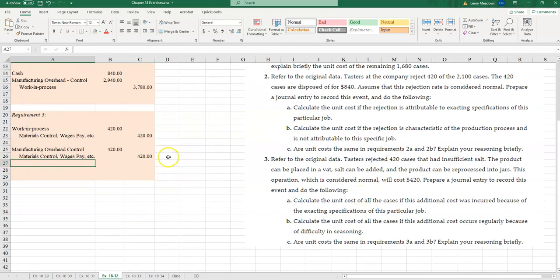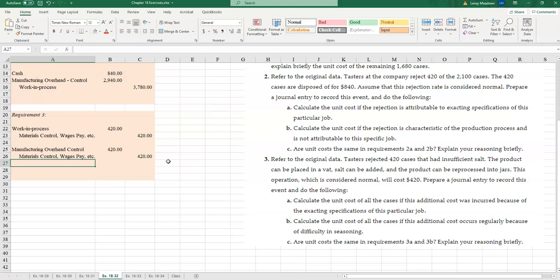So when the spoilage is related to the manufacturing process itself and not because of a job, it does not affect the cost per case. And in this case, it was $9 even. So that is the difference here between those two costs.